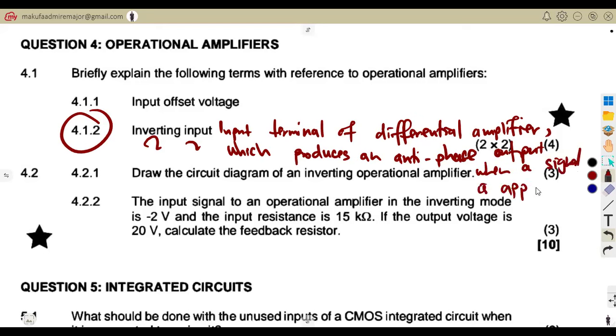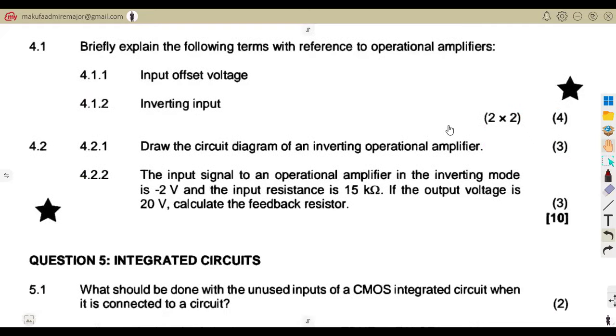So that is the major part that you will need for 2 marks. Just 2 marks, guys. All right.